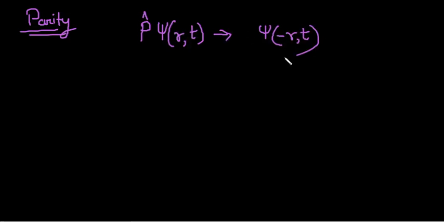Parity operator, whenever it operates on psi(r,t), it converts psi(r,t) into psi(-r,t). And the eigenvalue of this parity operator may be plus 1 or minus 1, because when you see psi(-r,t), it may be plus or minus psi(r,t).